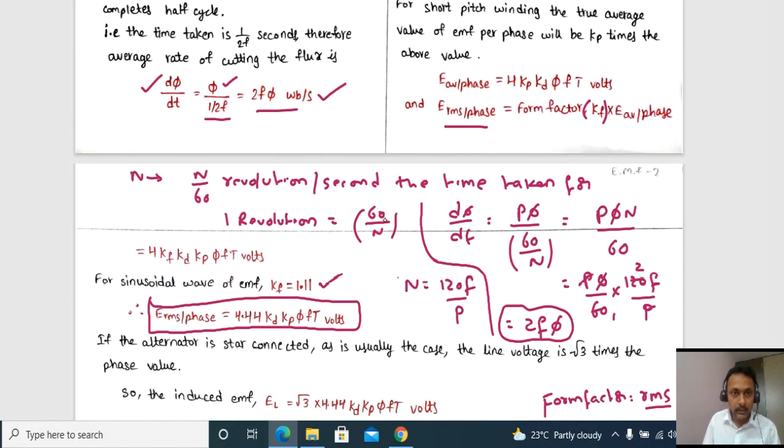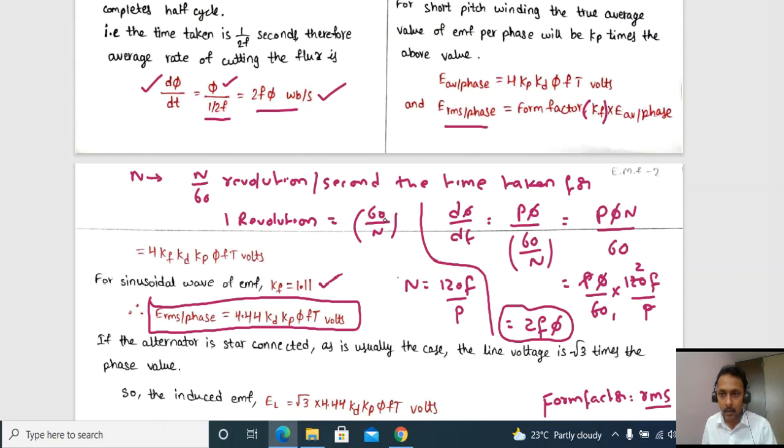In this entire discussion, the key point is d phi by dt equals 2f phi. Either you can derive like this, or we already know that n indicates the speed in RPM. If you express in seconds, n by 60 revolutions per second, the time taken for one revolution is 60 by n. Now d phi is equal to p phi, where p indicates the number of poles, and dt is 60 by n.